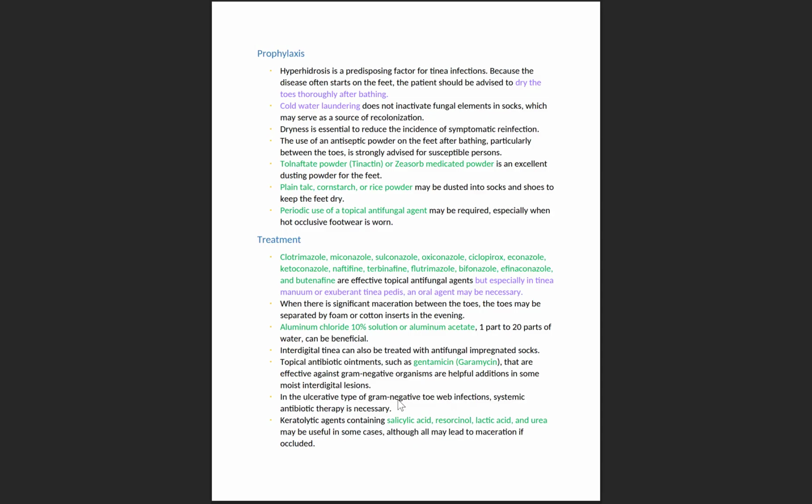An ulcerative type of tinea or gram-negative toe web infection, systemic therapy may be necessary إذا ulcerative type bacterial infection. ممكن نستخدم systemic antibiotic or topical antibiotic. Keratolytic agents containing salicylic acid, resorcinol, lactic acid, and urea may be useful, although may lead to maceration if occluded. إذا under occlusion ممكن هي تسوي نفسها maceration.